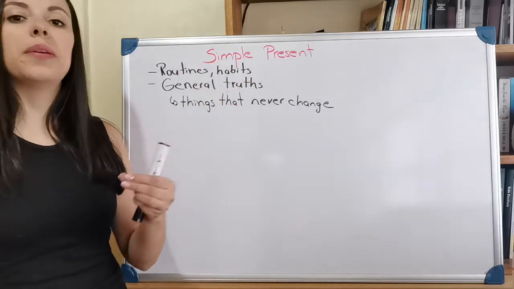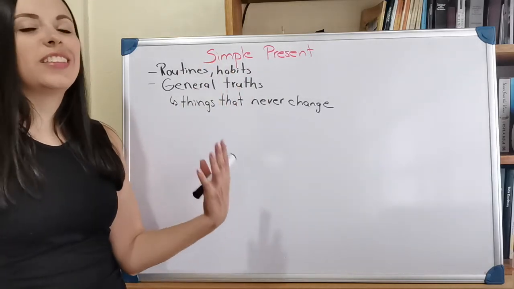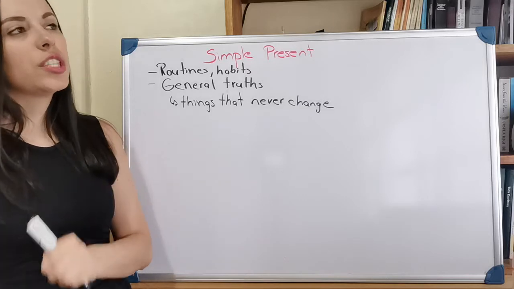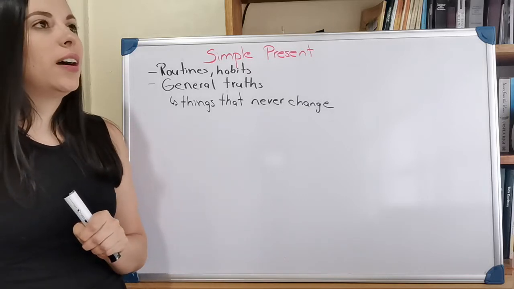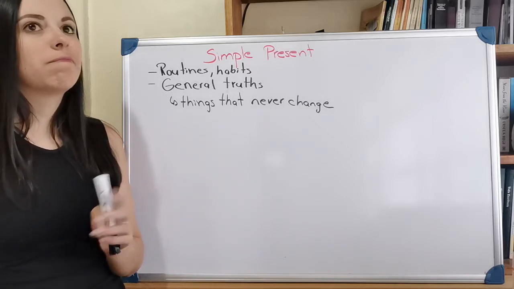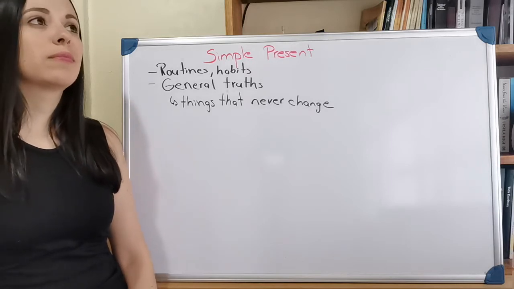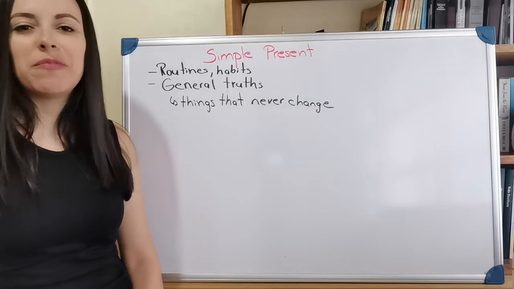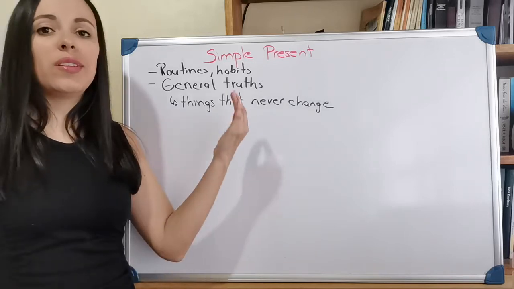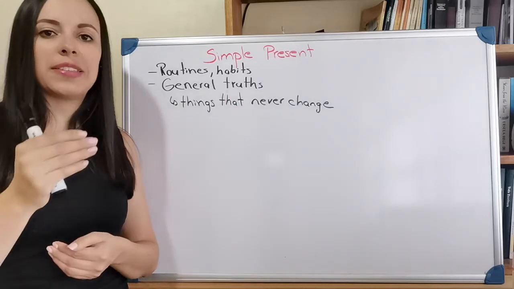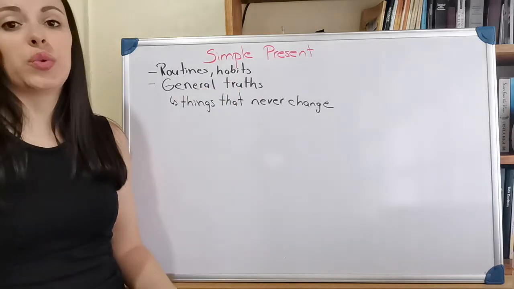Okay, that's also simple present because it's a general truth. We can also say that, I don't know, planes travel fast. I'm just inventing examples, right? That's a general truth. They always go fast.